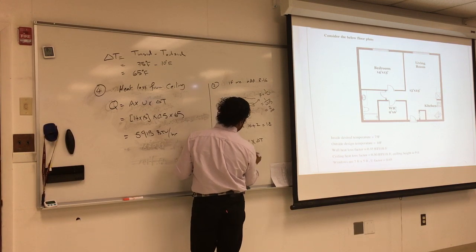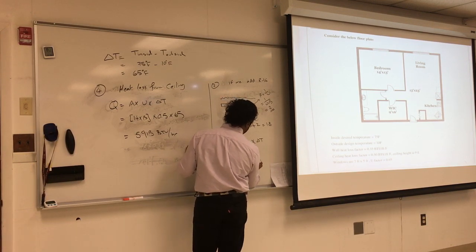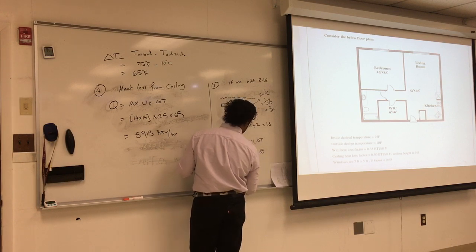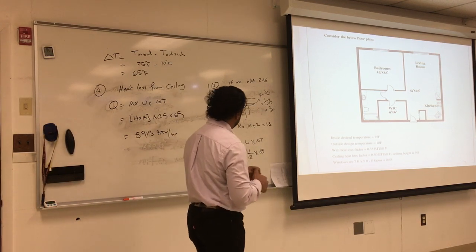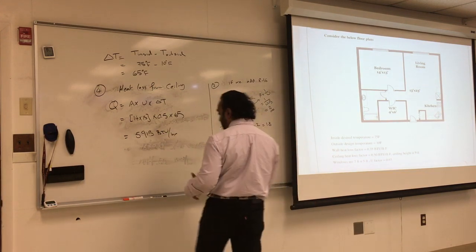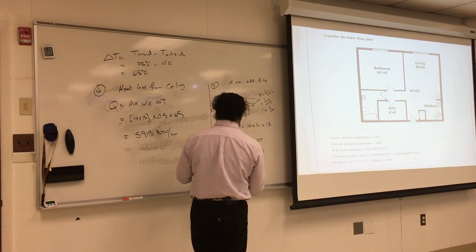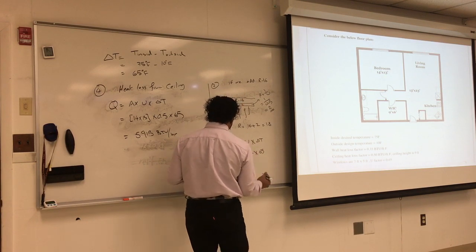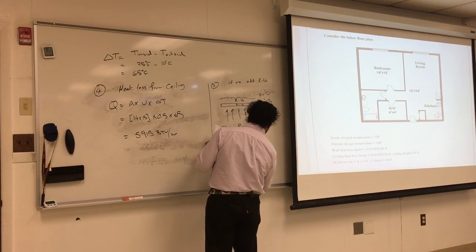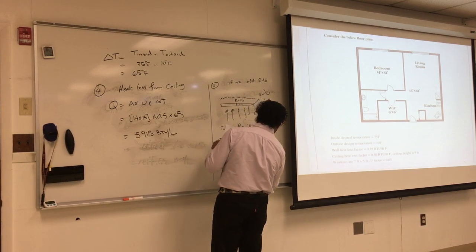U is 1 over 18 times 65. And it should be something very small compared to the other one. And I get 591.5 BTU per hour.